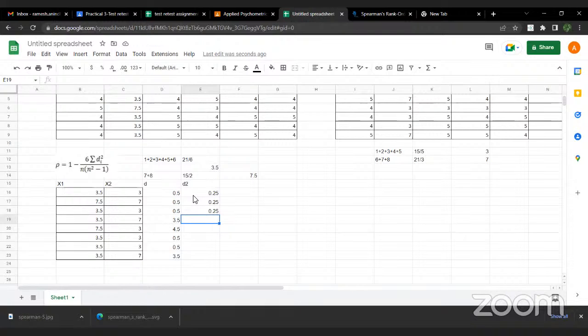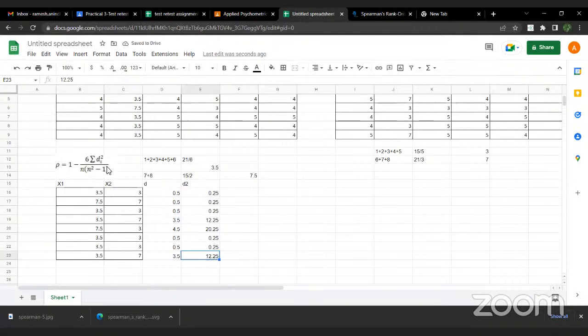It is 12.25. 20.25. 0.25 and 12.25. Yeah, absolutely. So this is the d square that we've gotten now.